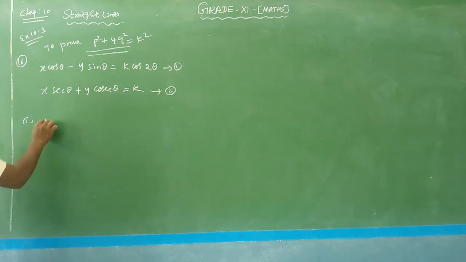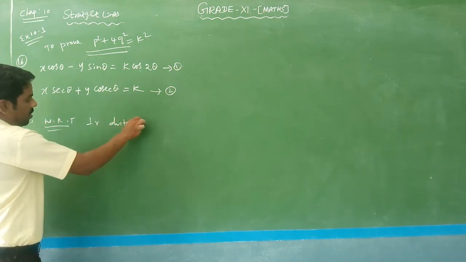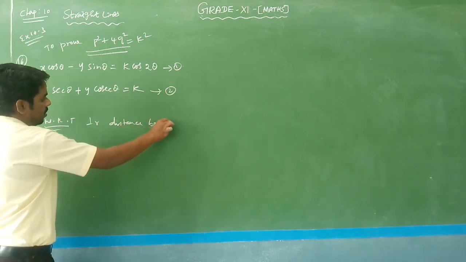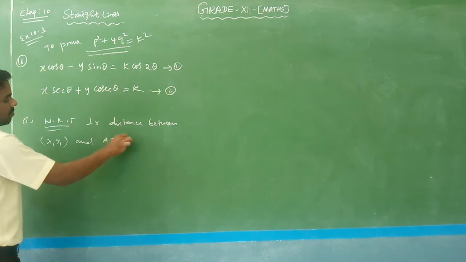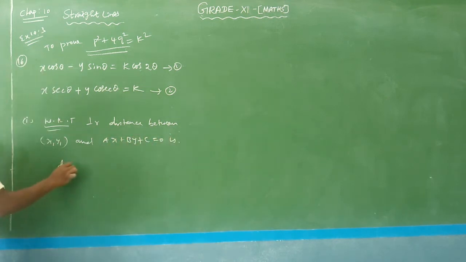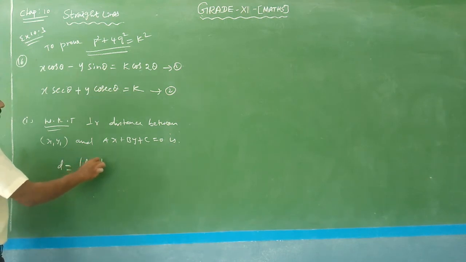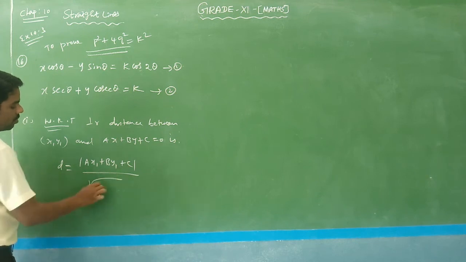First of all, we know that the perpendicular distance between a point x1, y1 and the line ax plus by plus c equal to 0 is d equal to modulus of ax1 plus by1 plus c divided by root of a square plus b square.